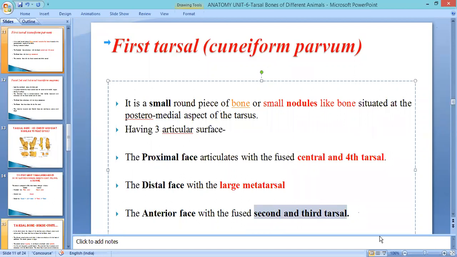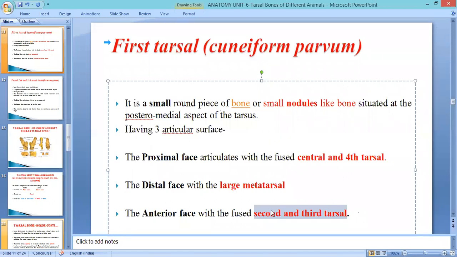So if anybody asks you about the first tarsal, this is the very small nodule-like tarsal bone of the series, located in the distal row of the tarsal series, above the metatarsal, below the central plus fourth fused tarsal, and behind the second plus third fused tarsal.